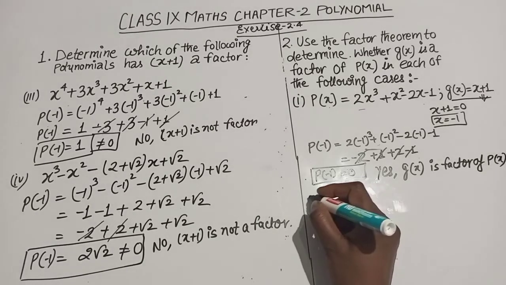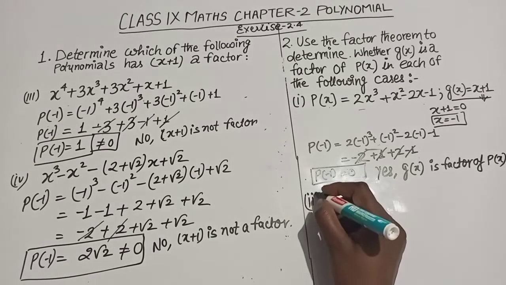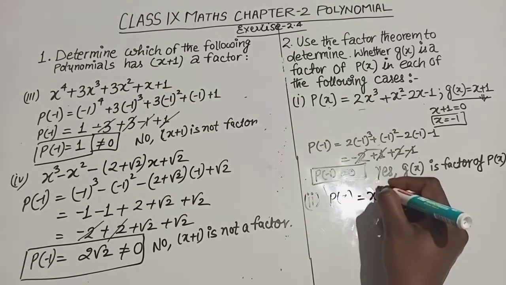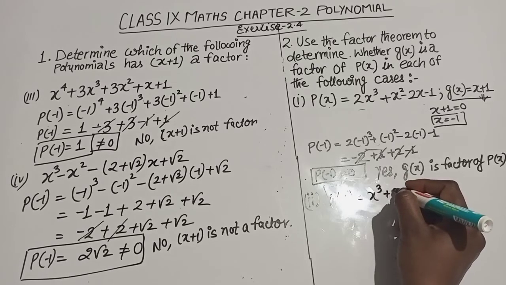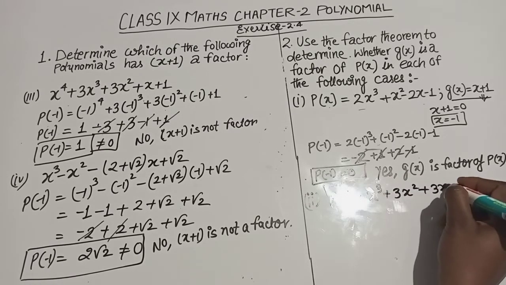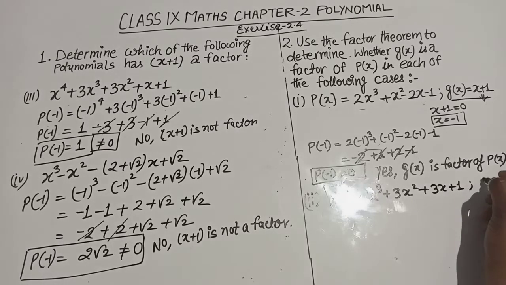So question number 2: p(x) is equal to x cube plus 3x square plus 3x plus 1 and g(x) is equal to x plus 2.